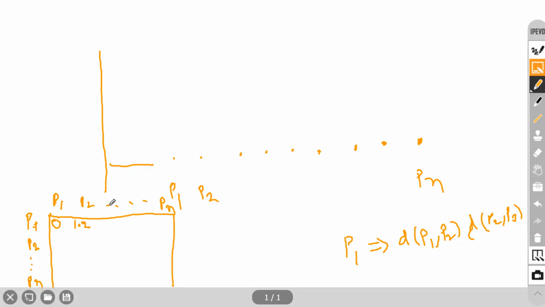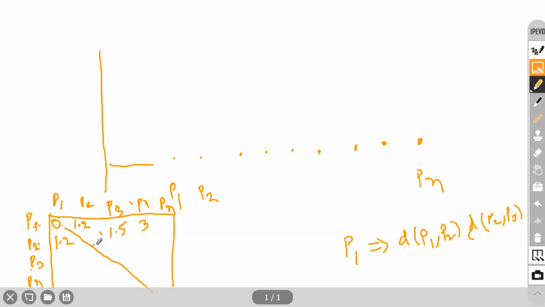P1 to P3 some distance, suppose 1.5. P4 something, say 3. P2 to P1 and P1 to P2 will be the same, right? So 1.2. It is repetitive: one side is a replica of the other side, because they match. P2 to P1 or P1 to P2 is the same. Like here P3 is there, and some distance will be there.